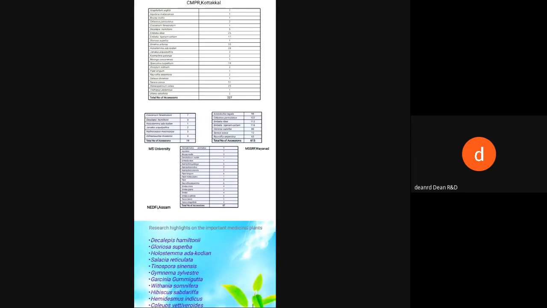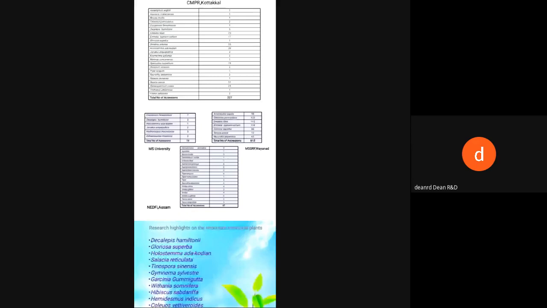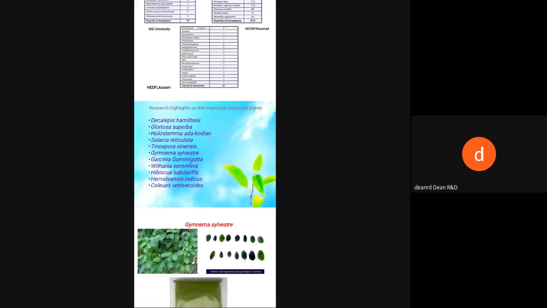When we focus on medicinal plants, the very few important ones I am going to highlight as priority are Decalepis, Gloriosa, Holostemma ada-kodien, Salacia, Tinospora, Gymnema, Garcinia, Withania somnifera, and other species on which we have worked, or Hibiscus, Hemidesmus indicus, and Coleus vettiveroides.